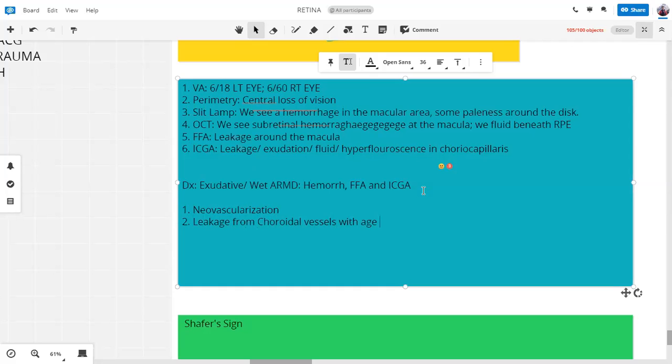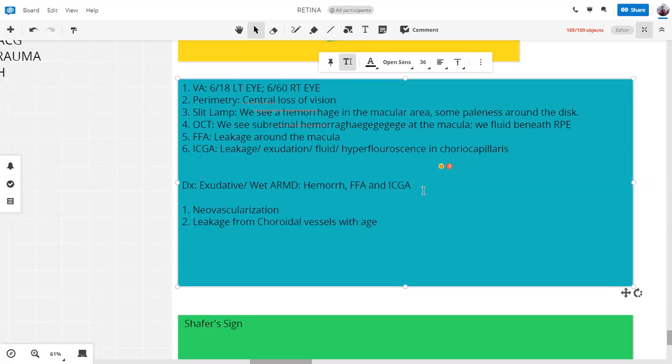What else could it be? Aneurysms. Now, aneurysms, we know that they are due to progressive weakening, and specifically retinal aneurysms occur in diabetic retinopathy.